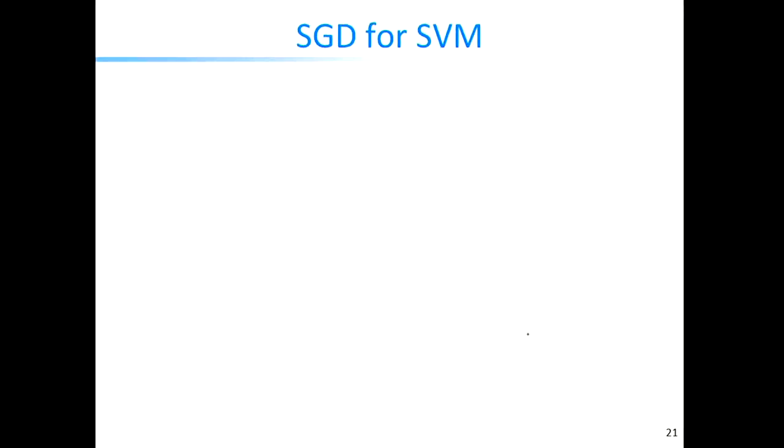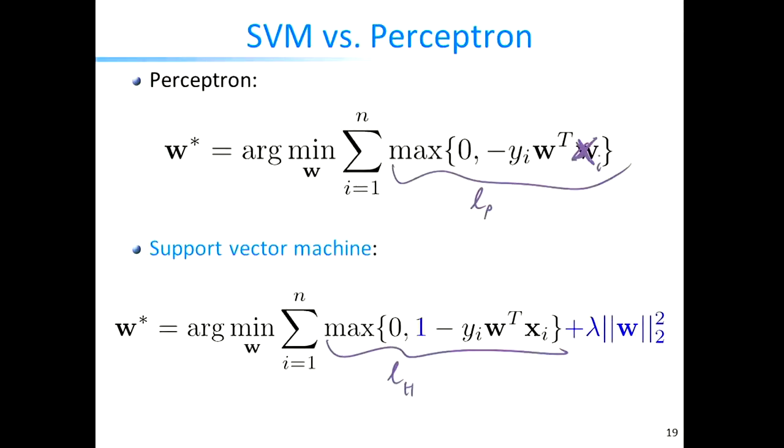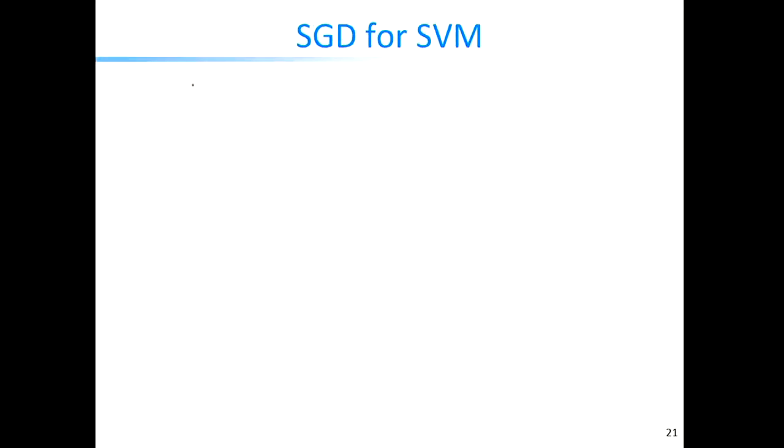And let's just briefly talk about how you use these gradient-based algorithms, right? Stochastic gradient descent, etc. So what we wanted to do is try to work out gradient descent for the SVM.